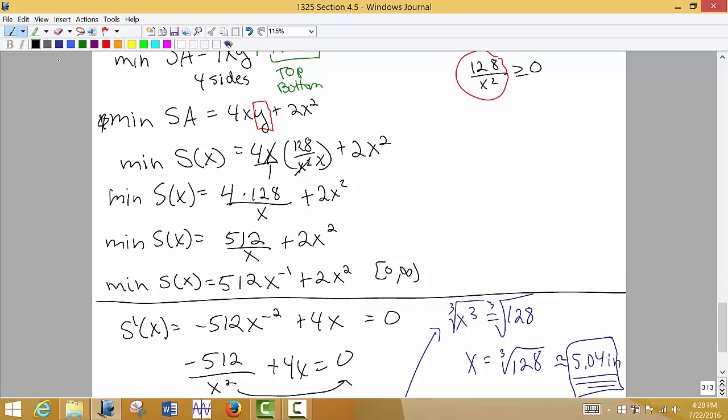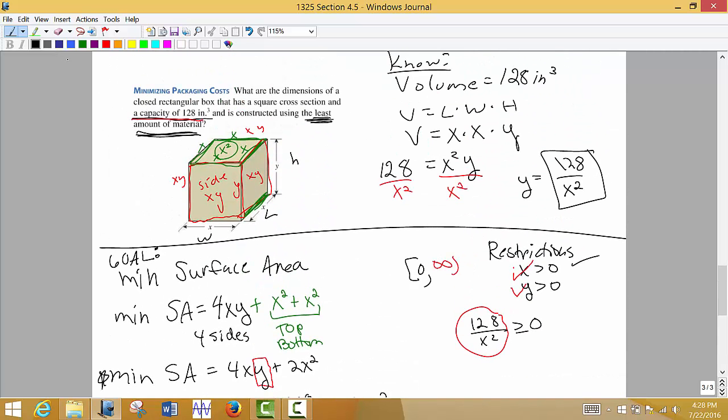Let's come back up to the top and see what the dimensions of our box then would be. If x is 5.04 inches, so we have 5.04 inches here for the width, 5.04 inches for the length. What about the height of the box? Okay, the height of the box, 128 divided by x squared.